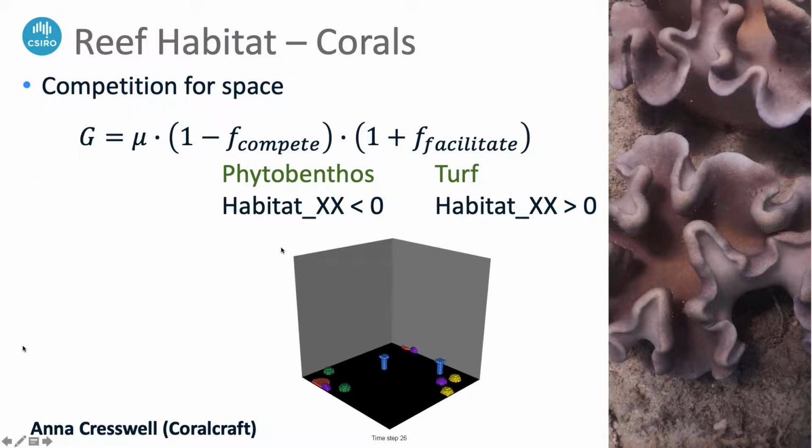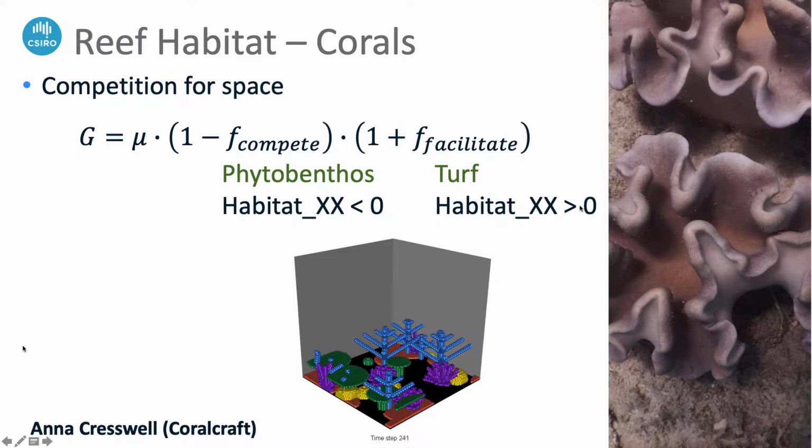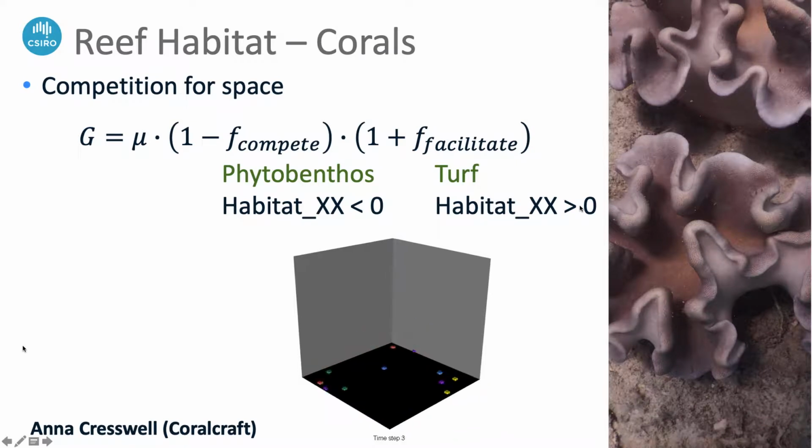We also include competition for space, where you've got the growth scaled based on the species competing with it, such as Phytobenthos, or species that have a habitat preference less than 0, so they're being competitive. And the facilitative species, which are turf and habitats where there's a habitat link of greater than 0, so that they can grow on the top and so on.